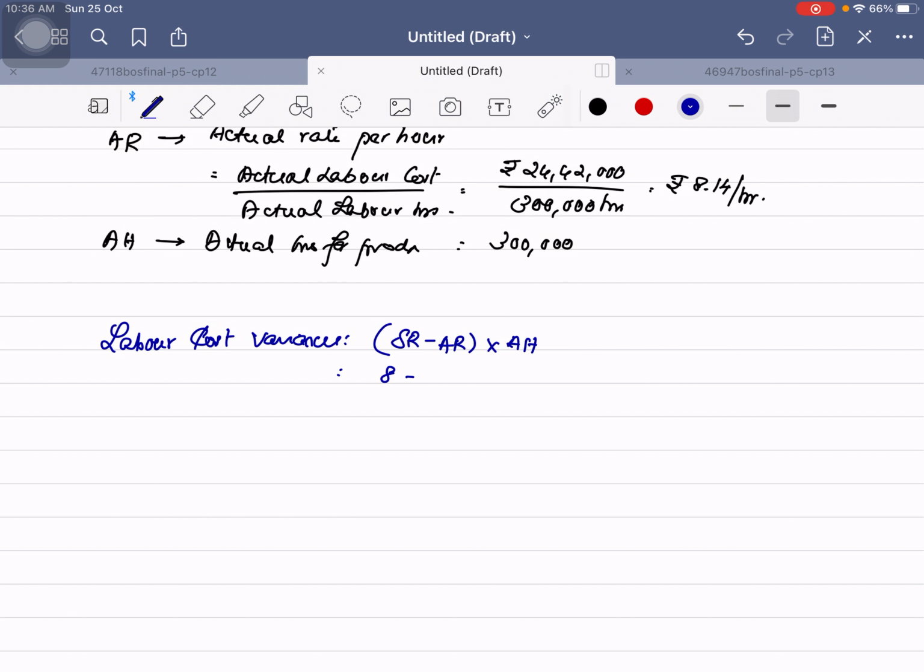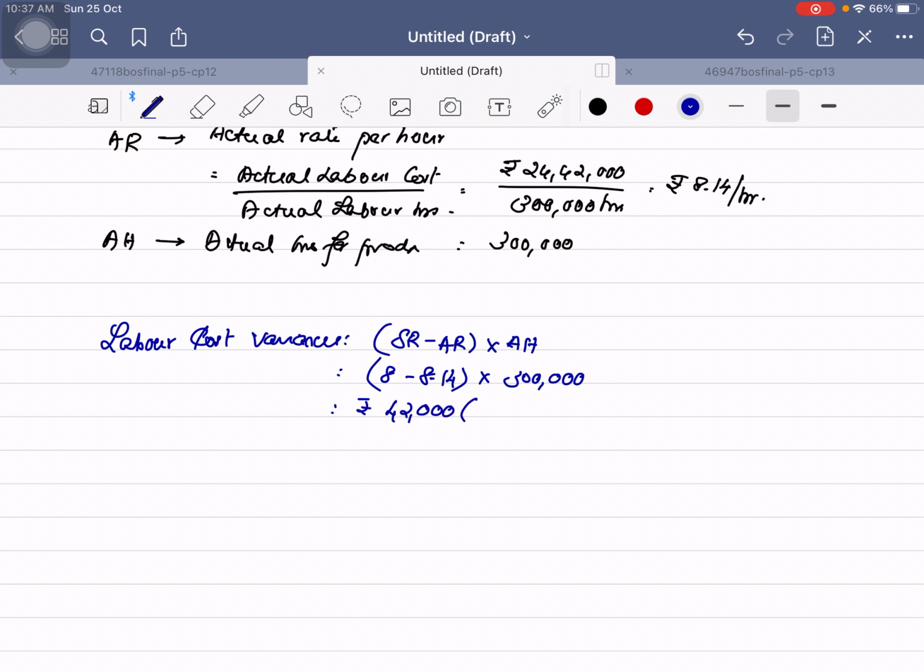And what is AR? 8 minus 8.14, into AH, actual hours worked, which is 3 lakh. So that is equal to rupees 42,000.